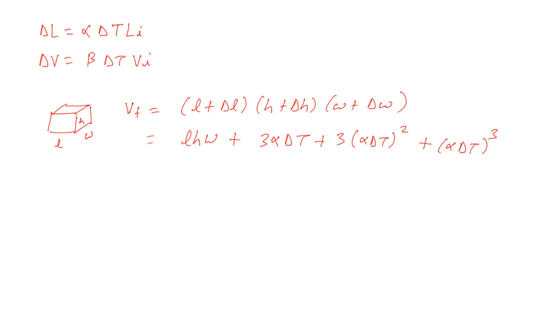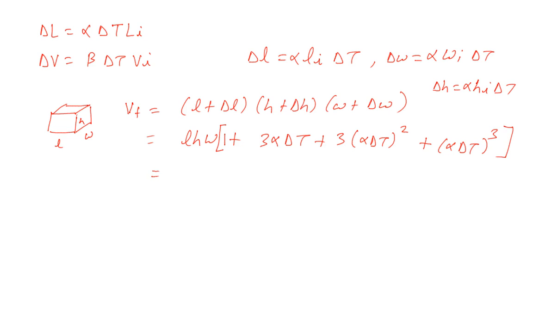Now we know how we get alpha, because we know that delta L is nothing but Li delta T times alpha. Similarly, we know that delta W is nothing but alpha Wi delta T, and similarly delta H is nothing but alpha Hi delta T. After we substitute this, we will get something like this.